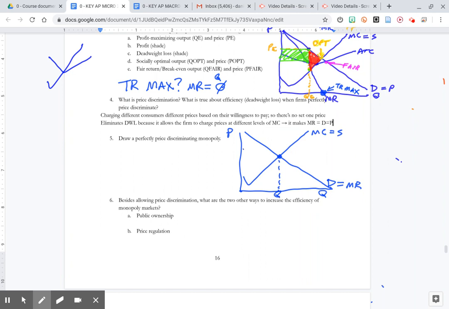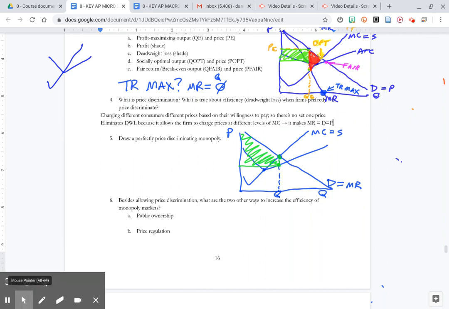All right. Now, if they had ATC doing one of these, right, they would have a huge amount of profit. They would be doing quite well, in fact. So let me shade that for you. They come from here down to the ATC and then over, and then all of this area is all profit. So it's pretty good. It doesn't include that little nubbin at the bottom there, but it's quite profitable to be a price discriminator.